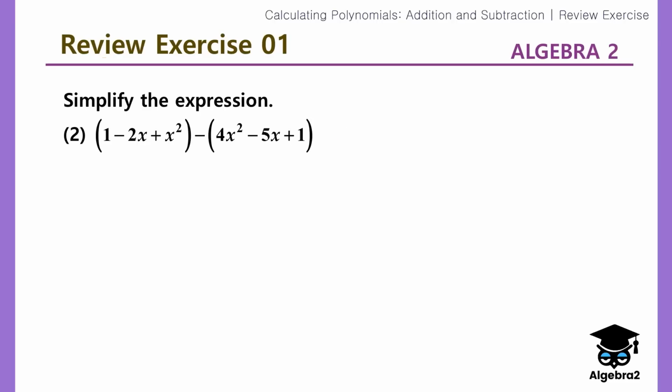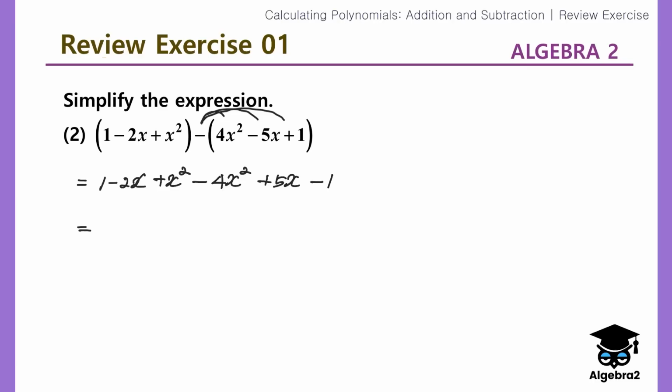Number 2, we're going to solve the parentheses first. So 1 minus 2x plus x squared, minus times 4x squared, that's minus 4x squared, minus times minus 5x, that's plus 5x, minus times plus 1, that's minus 1.